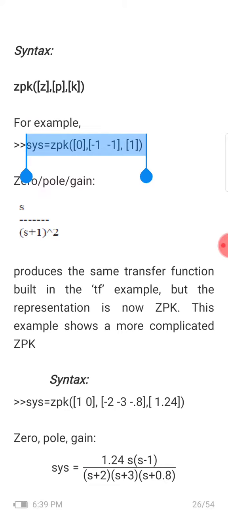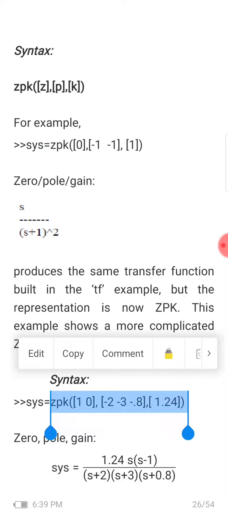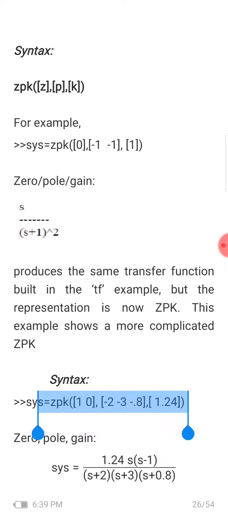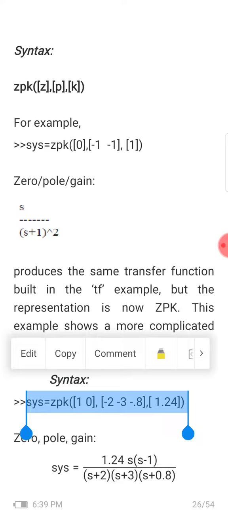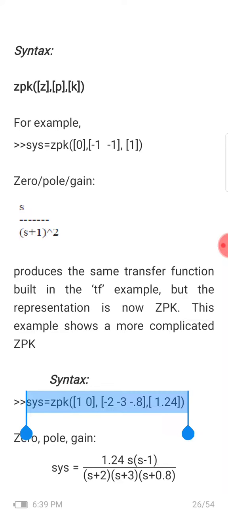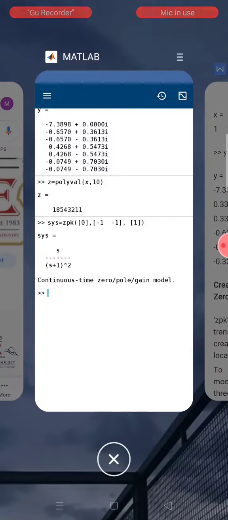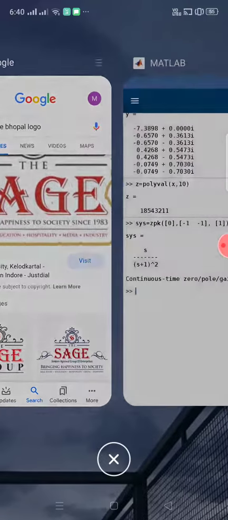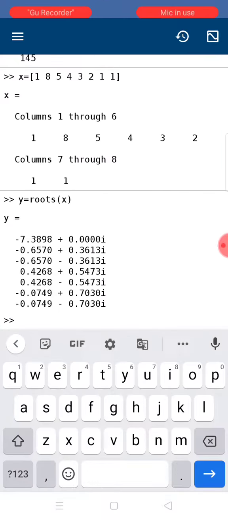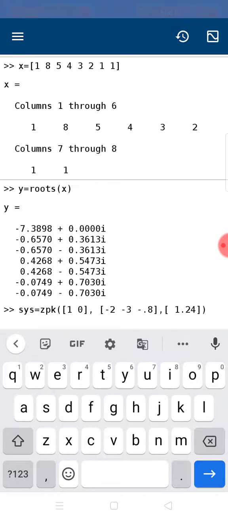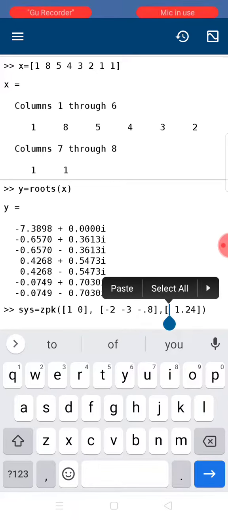Now I am taking one more example of this. I am taking more complicated example. See here, this is more complicated since I have written here.